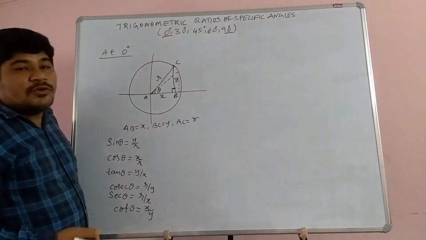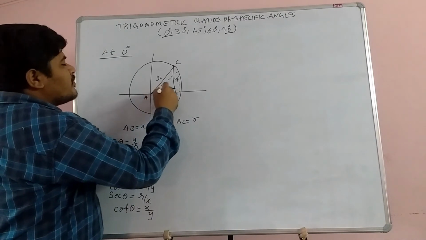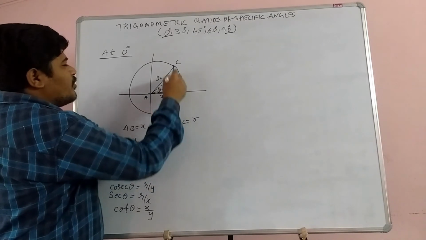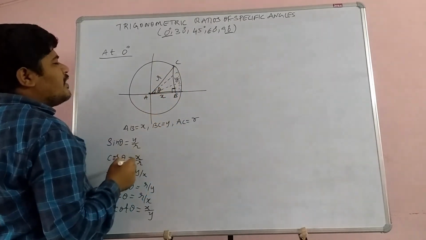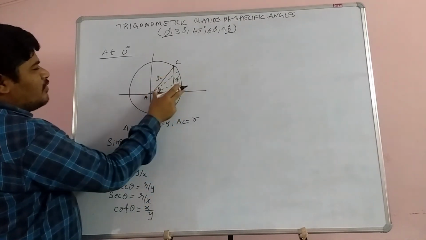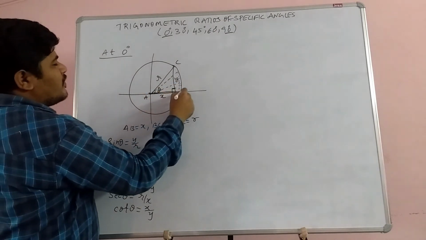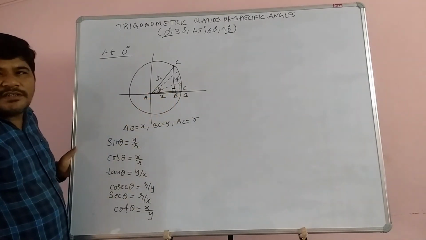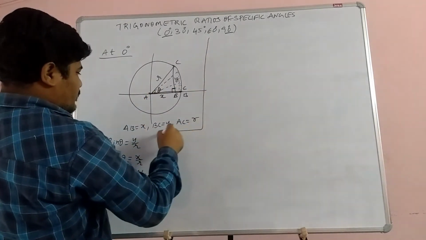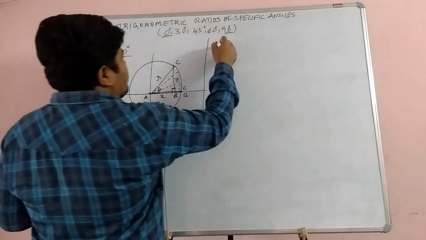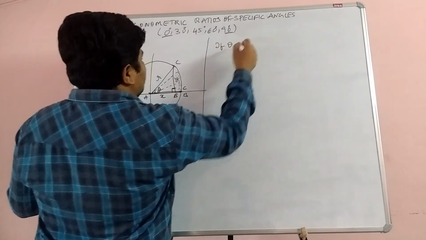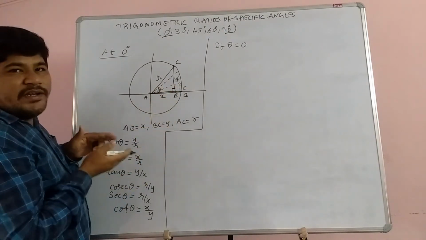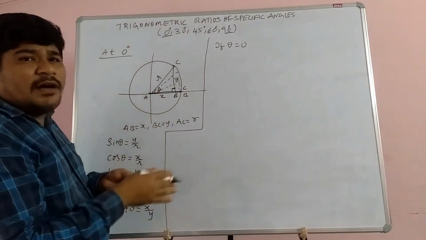If this theta becomes 0, slowly this will come down, and finally both AC and AB will coincide with each other. If theta is equal to 0, what is happening? AC and AB are coinciding with each other. Coinciding means one upon another.